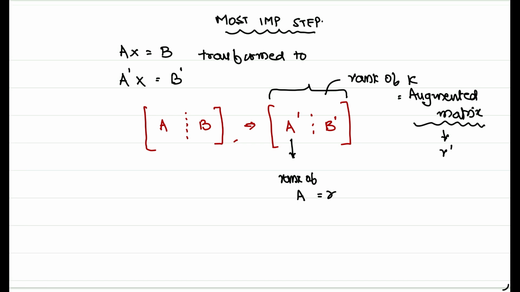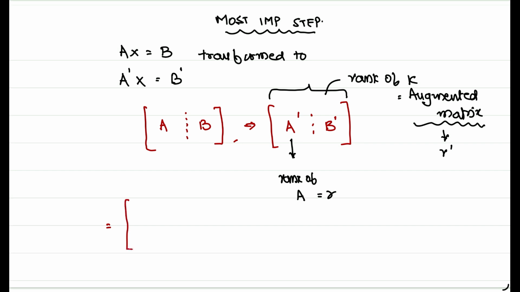Then, A dash may have all elements in a row as 0, but the augmented matrix of A dash B dash may not have all the elements in a row as 0. For example, please have a clarification on this.